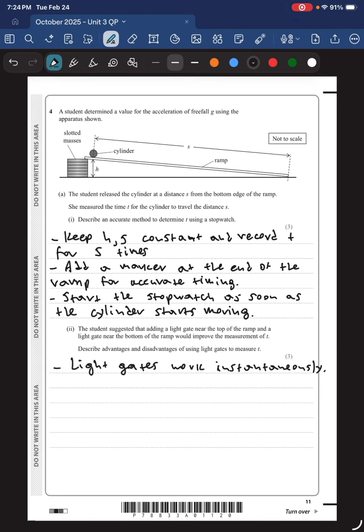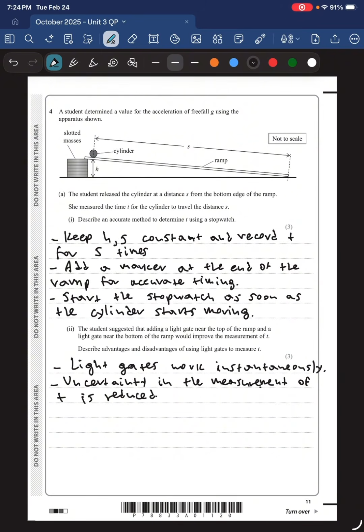Okay, the uncertainty in the measurement of t is reduced. What else can we write?